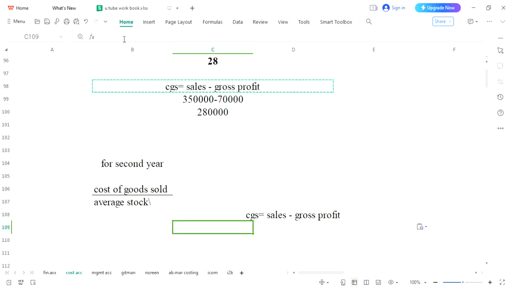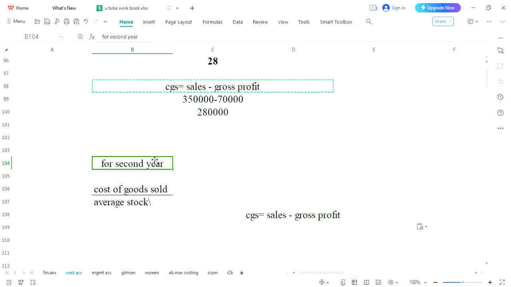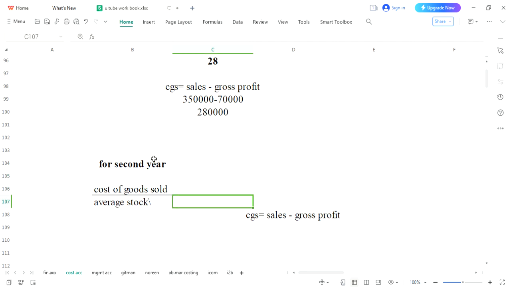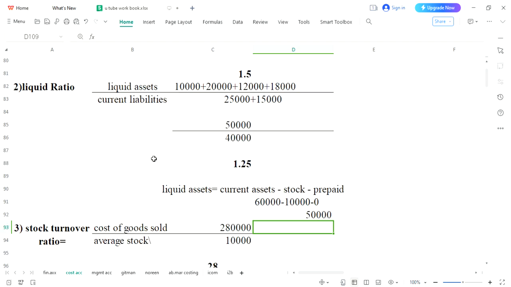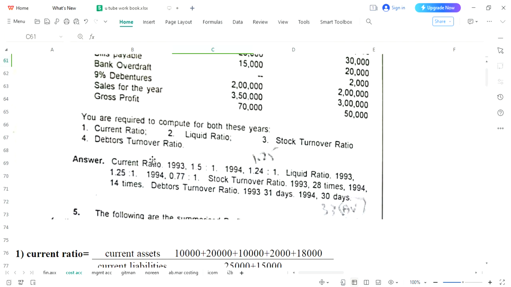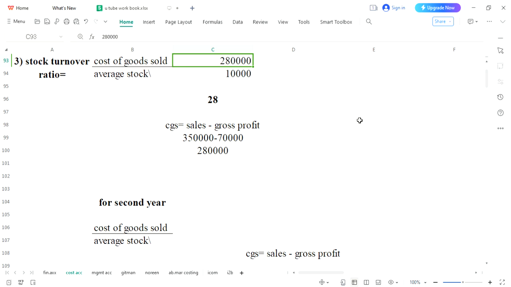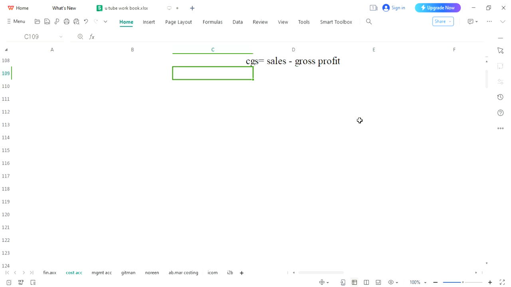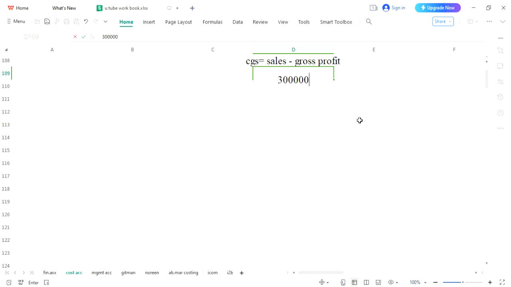You can see whatever is written for the first year, you can apply for the second year in absolutely similar way. Alright, now we want to know for the second year sales. Look over here. Your second year sale is 3 lakh and GP is 50,000. So we will put over here sale is 3 lakh and then 50,000 is your gross profit.